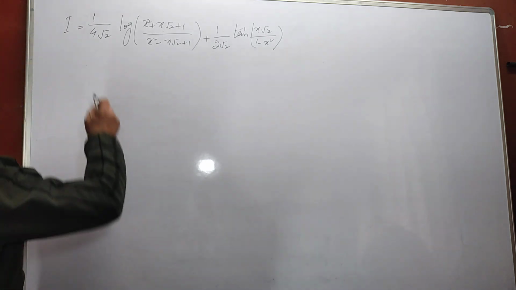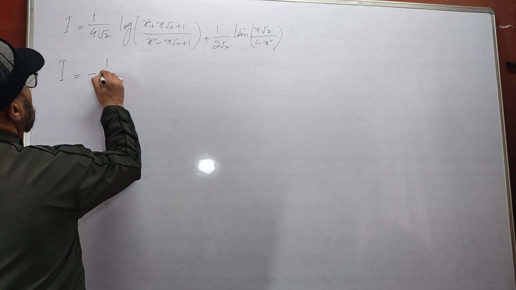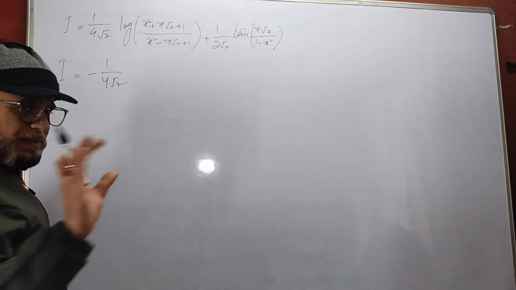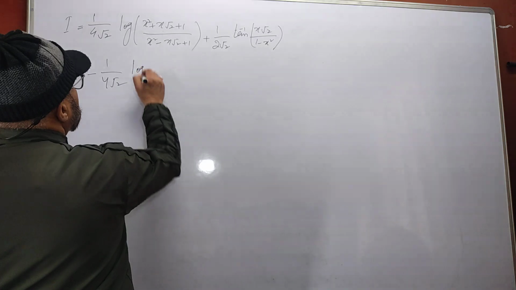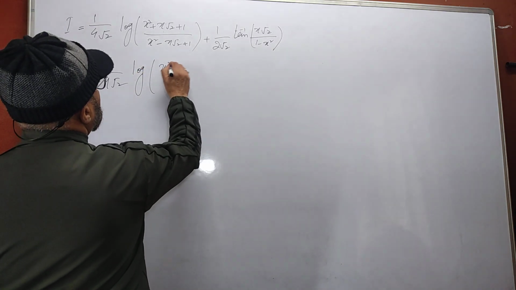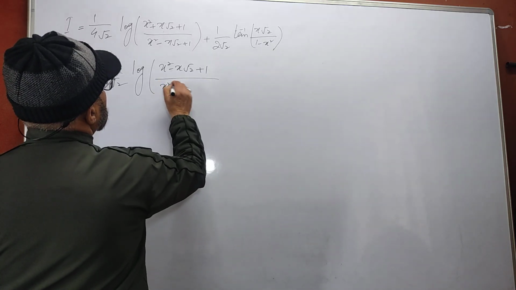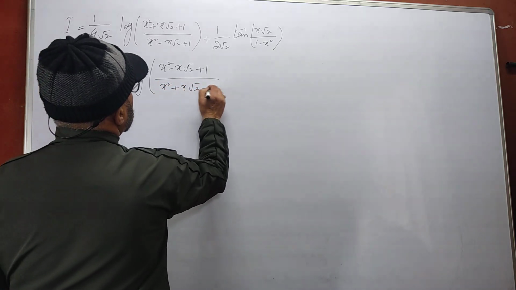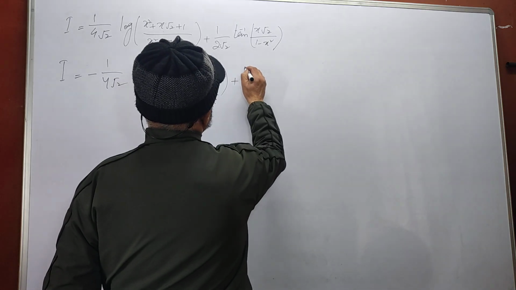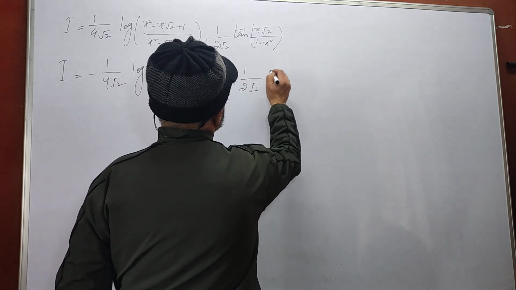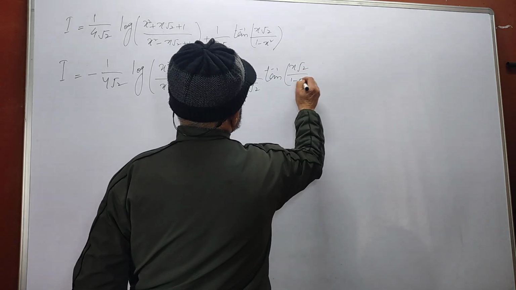As per your answer, I can write it as minus 1 by 4 root 2, log of (x square minus x root 2 plus 1) by (x square plus x root 2 plus 1), plus 1 by 2 root 2 tan inverse of x root 2 by 1 minus x square.